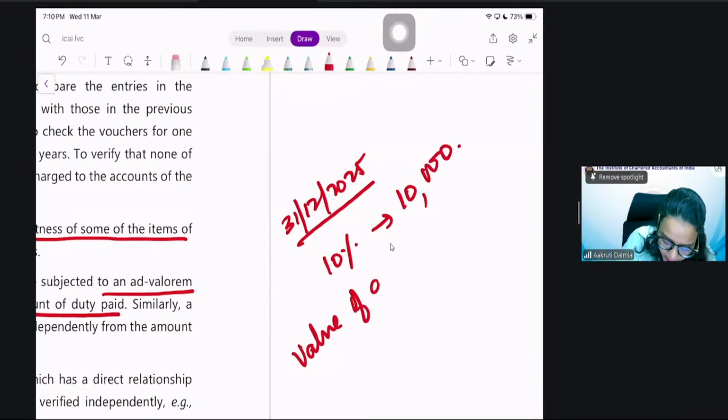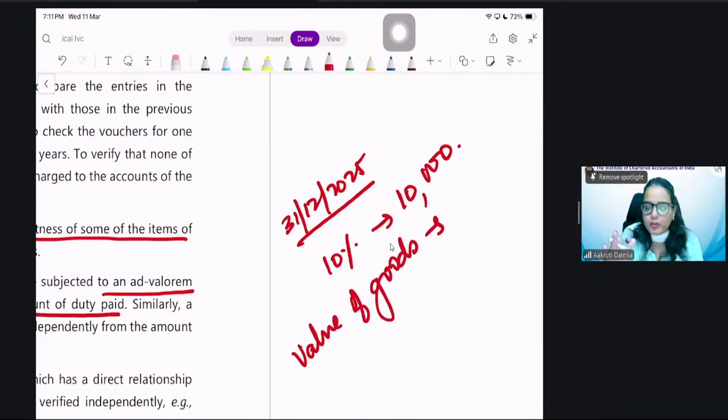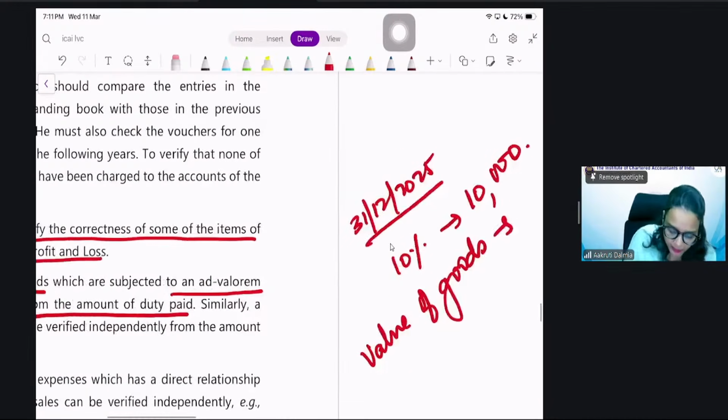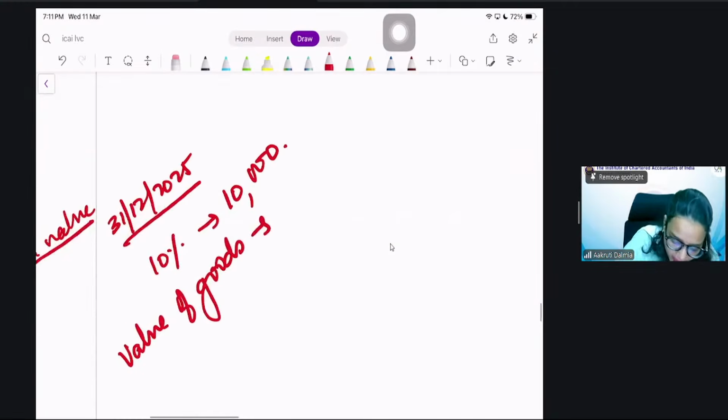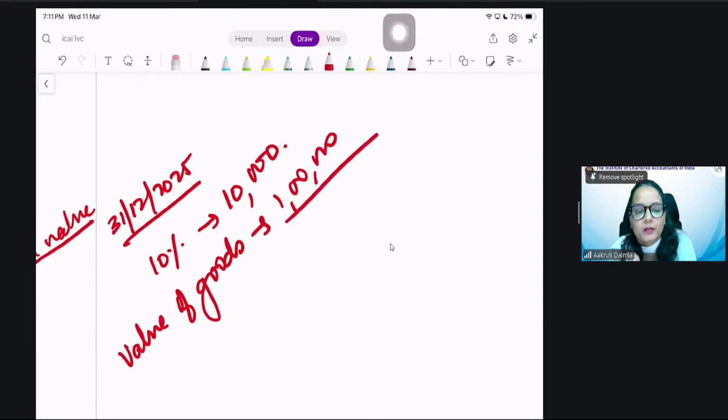Can you calculate the value of goods that should be shown in the inventory register on that day and should be entered in the accounts? What should be the value of goods? If it is ad valorem, yes, which means the value of goods that should be shown in the register that day should be 1 lakh.